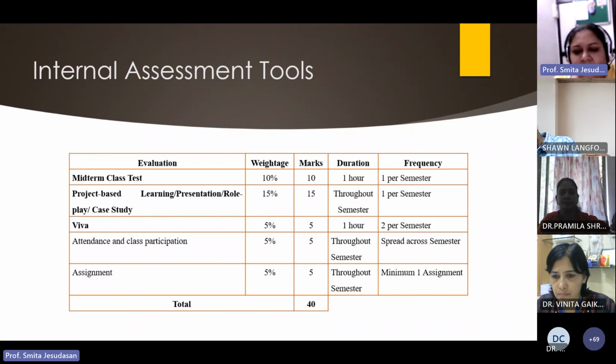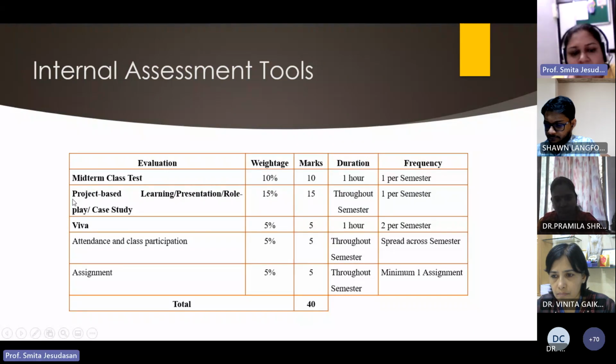So decide in advance what is the duration of your test, how many assignments you are going to give, which topic the project is to be given on, which modules will be covered for Viva, and on which topics assignments will be given to students. All these should be decided in advance. So now a midterm test for 1 hour.